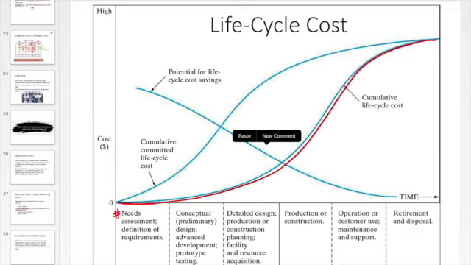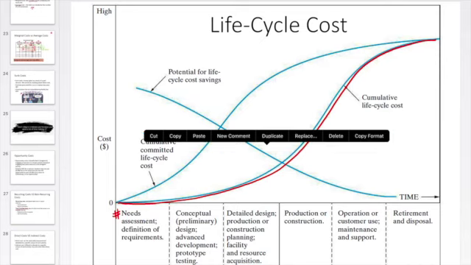To do that, usually you pay only a small percent of the total cost of the project. You might hire somebody to do the conceptual design, but that cost is very little. You can see that the cost for this is very, very little.